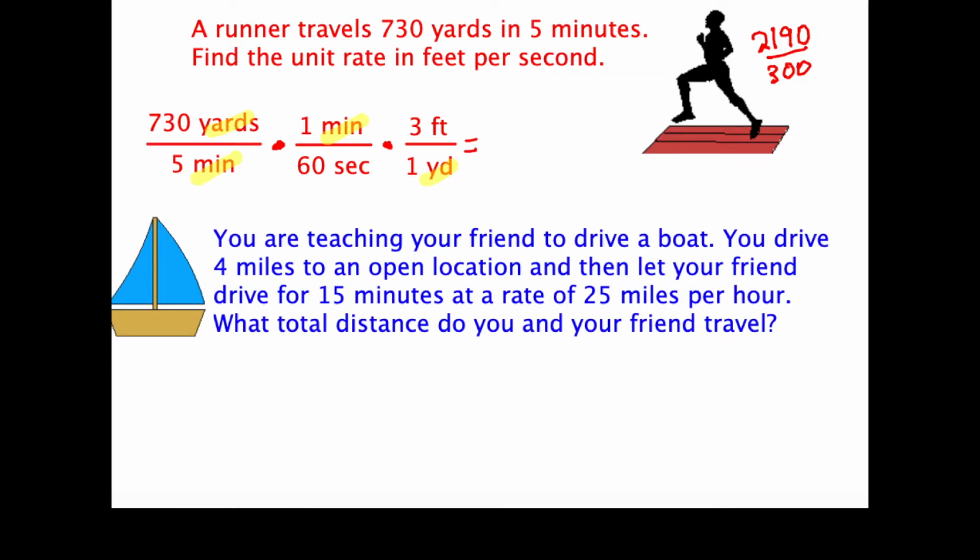So if we divide those two numbers, 2190 divided by 300, we've got 73 grand total. And again, we are in feet per second. We've got our answer.